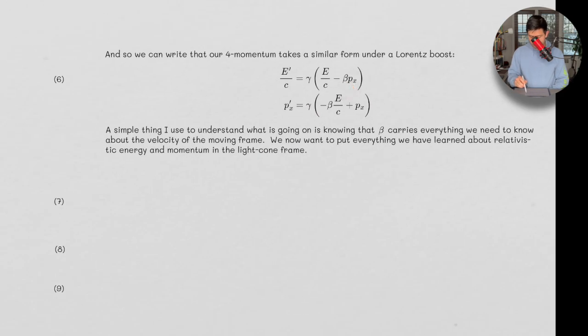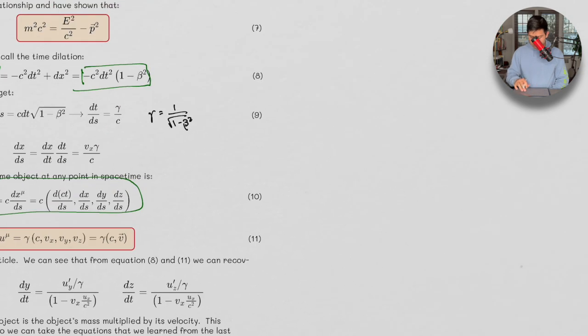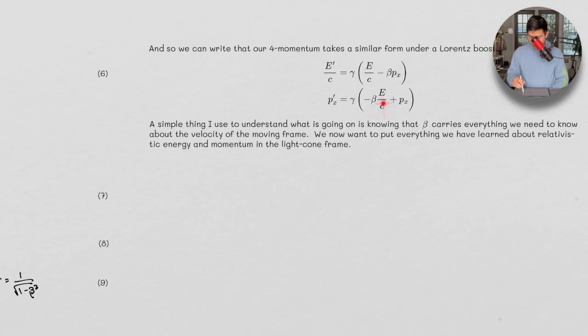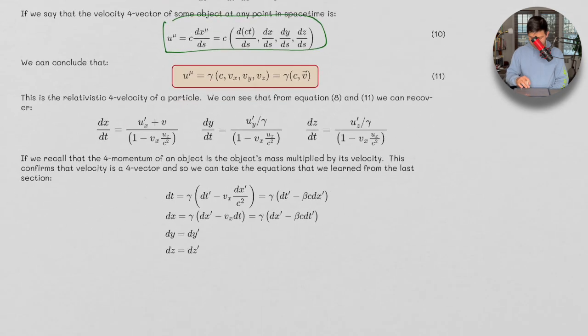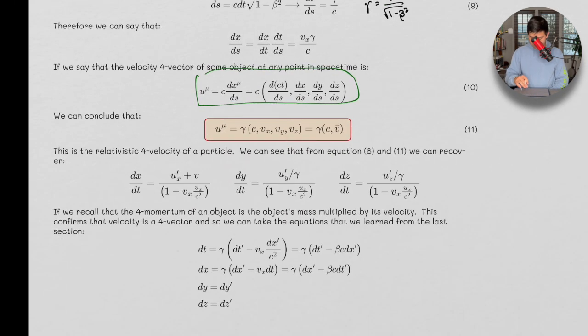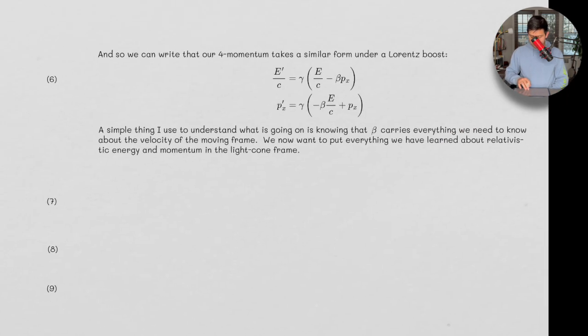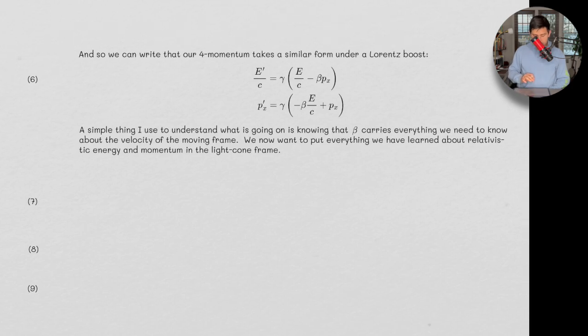Because px is m dx, and then E over c, we said, is our temporal component, right? So that's this temporal component here, right? A simple thing that I use to understand what's going on here is knowing that beta, again, carries everything we need to know about the velocity of some moving frame. And so now we want to put all this together, okay?